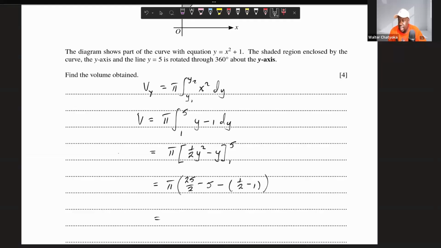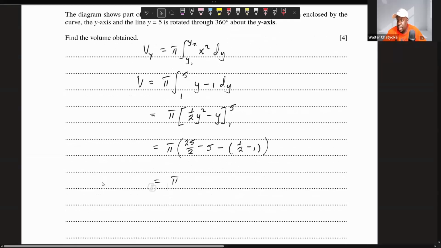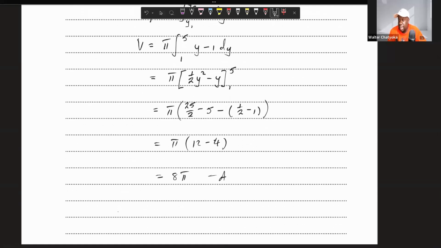And this becomes pi of 12 minus, and minus 5 plus 1 is minus 4, basically. So we get the answer coming out as 8 pi, and that's how we do it here. That's how we answer a question of this kind.